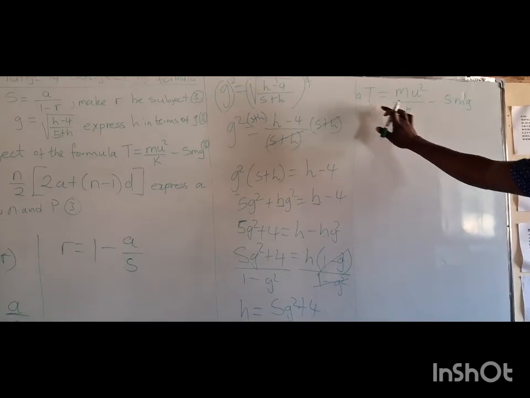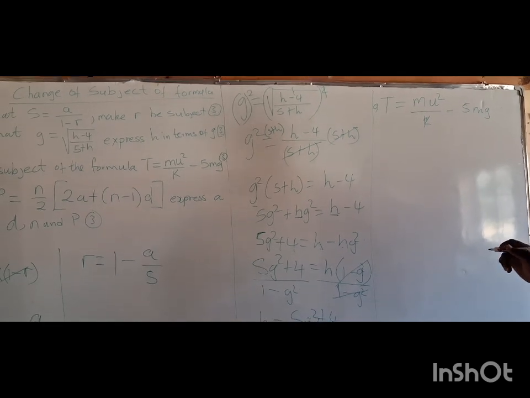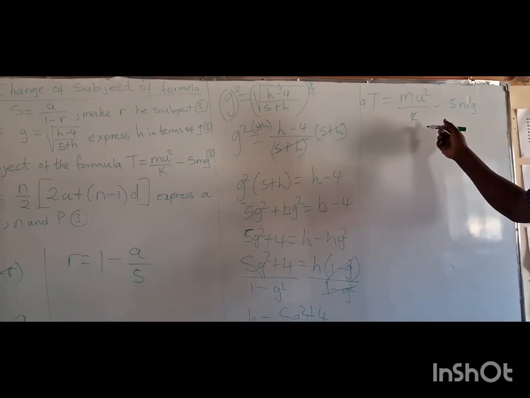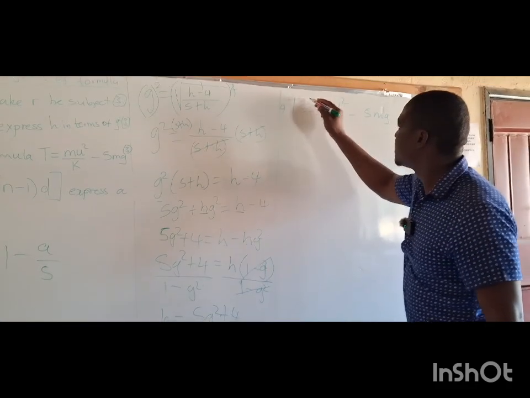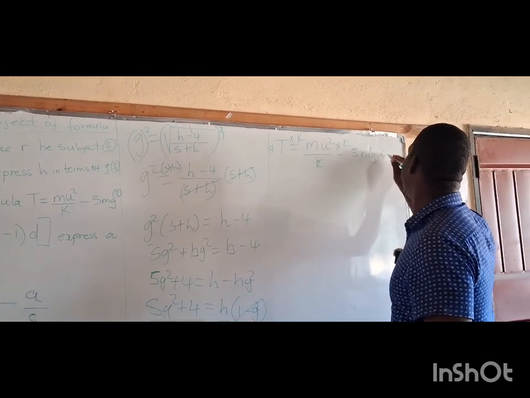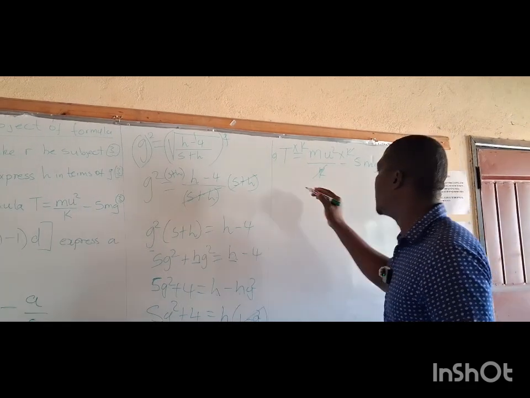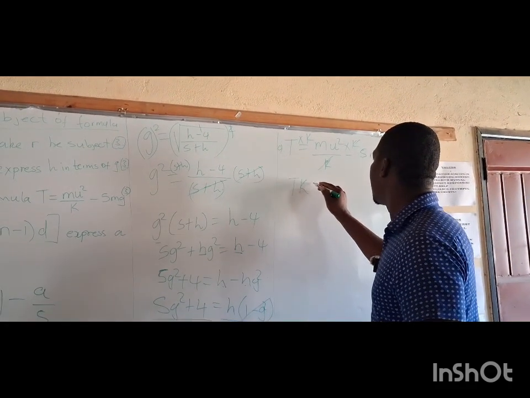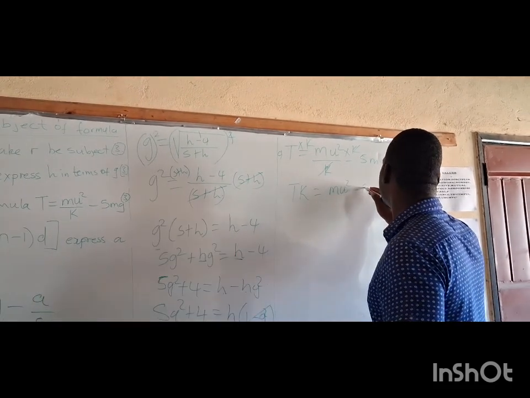Here we are having a denominator which is 1. Here we are having also a denominator which is 1. So in order to clear this denominator, you multiply by the LCM. So the LCM is k, multiplied by k both sides. This k and this k will cancel. So we are having tk is equal to mu squared minus 5mgk.